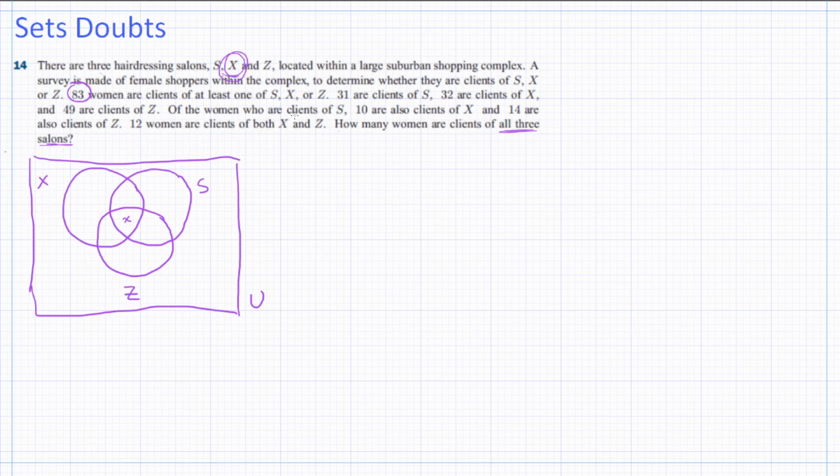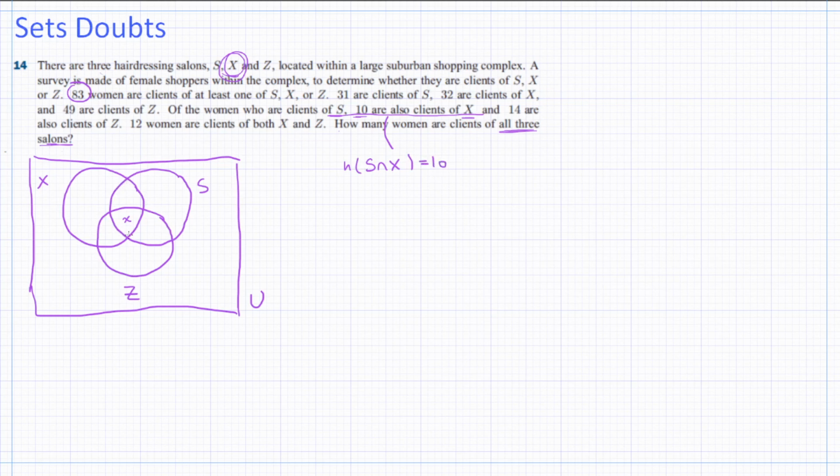Of the women who are clients of S, 10 are also clients of X. So if we look at our Venn diagram, the women who are clients of S and X at the same time would be this portion here, the intersection. This means S intersection with X, and we are saying that the number of elements in there is 10.